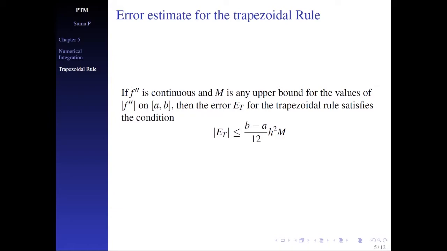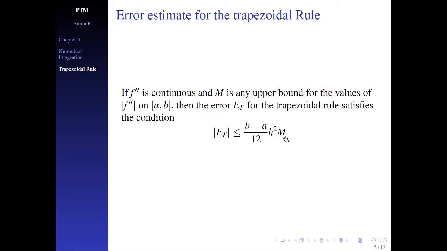The difference between this actual value and the approximate value is known as the error. There is also a direct formula in the trapezoidal rule. The modulus of the error, denoted E suffix T, that is error in trapezoidal, will always be less than or equal to (b minus a) by 12 into h square into M.